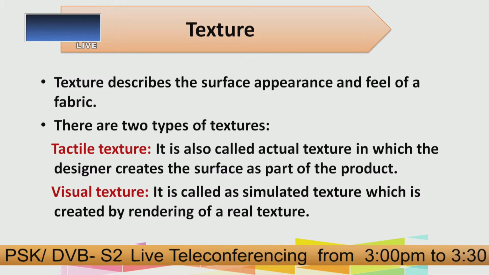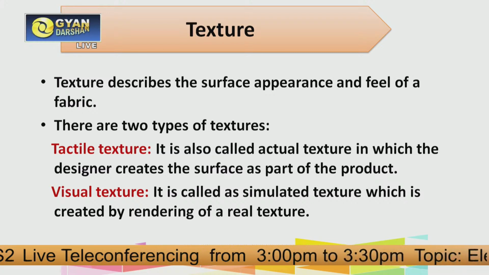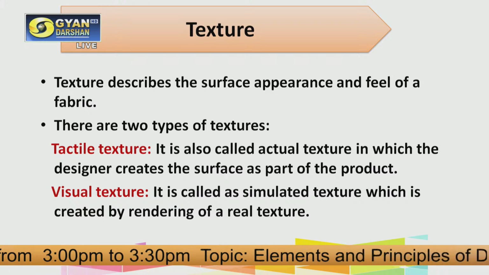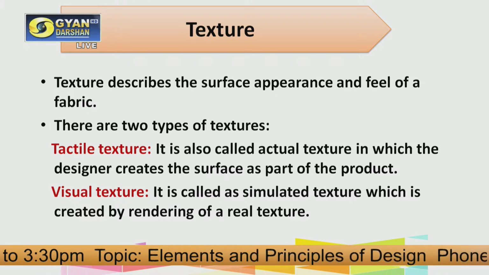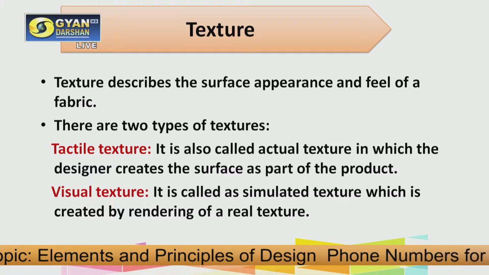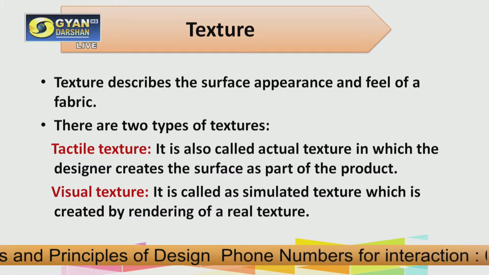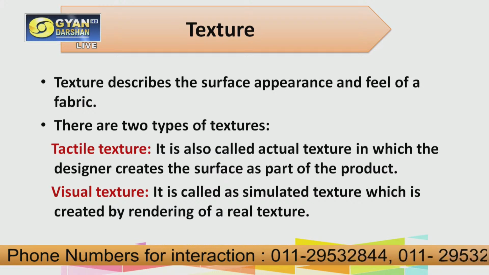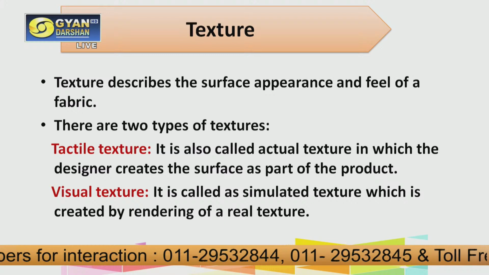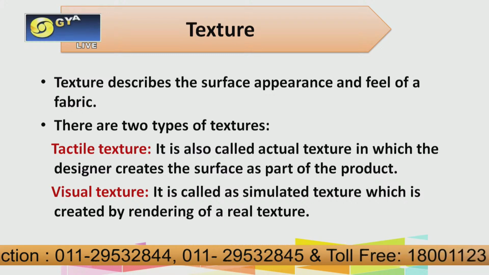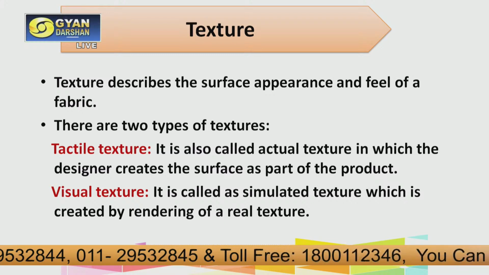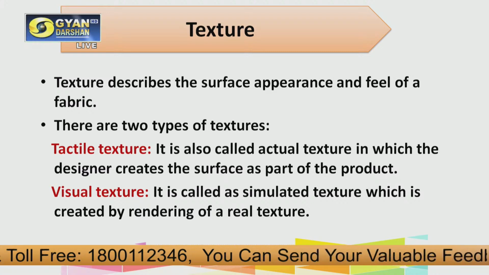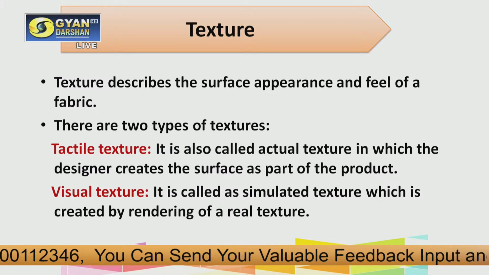And some textures you can visibly see on the fabric surface. Like if you have a rough texture, like if we give a texture of mud, that is a rough texture. Some kind of glass has smooth texture. So the visual impact of that texture is known as a visual texture. It can be used in the garment for various purposes, with the weaves, some kind of finishes, some kind of prints.